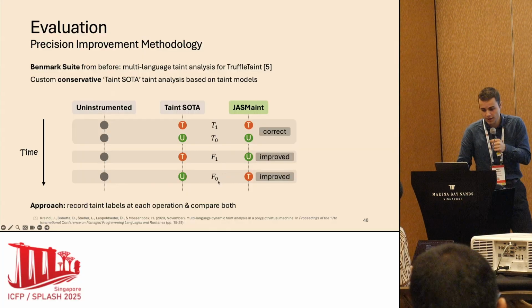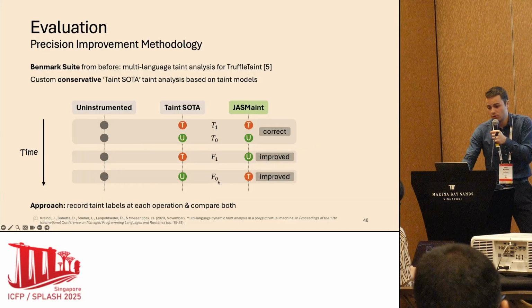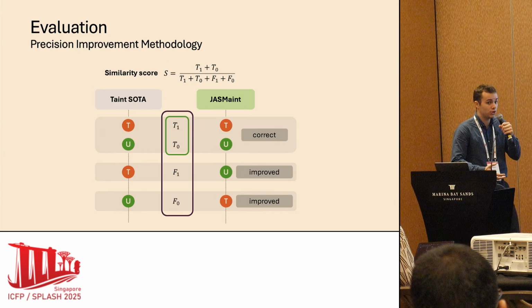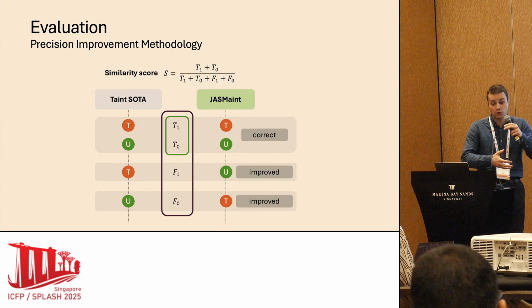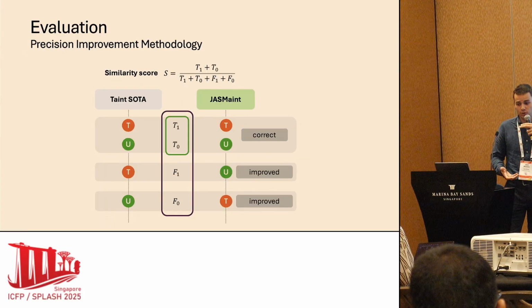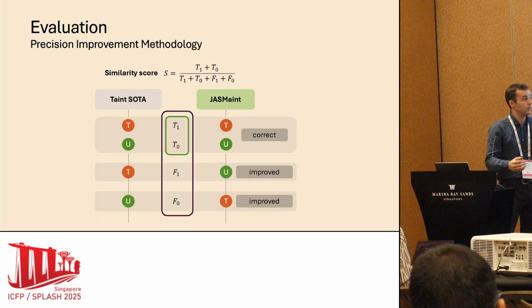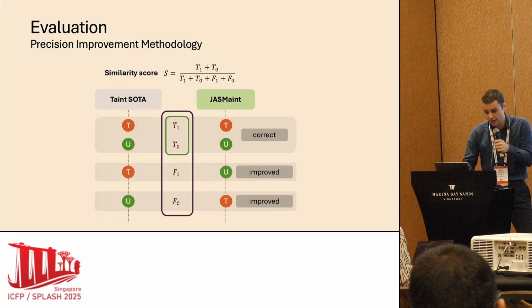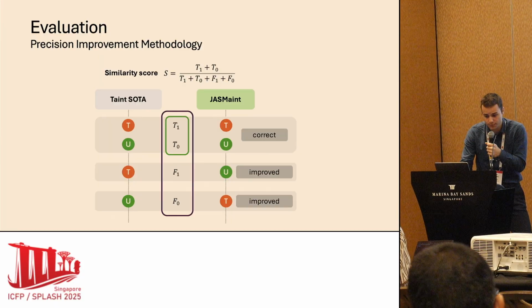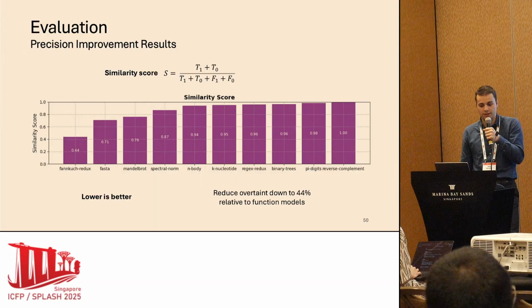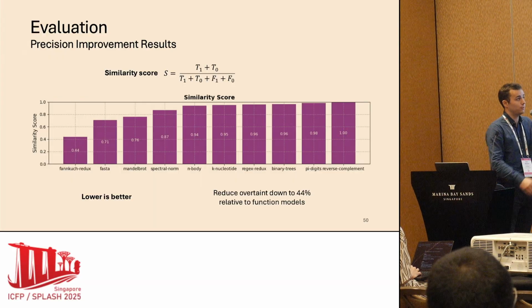And so then to measure the precision improvement, we essentially see how much JASMaint can reduce the total information to just the true information that only JASMaint will provide. So what's there? The fraction, which is a similarity score, and based on our evaluation, the similarity score varies between the different programs.